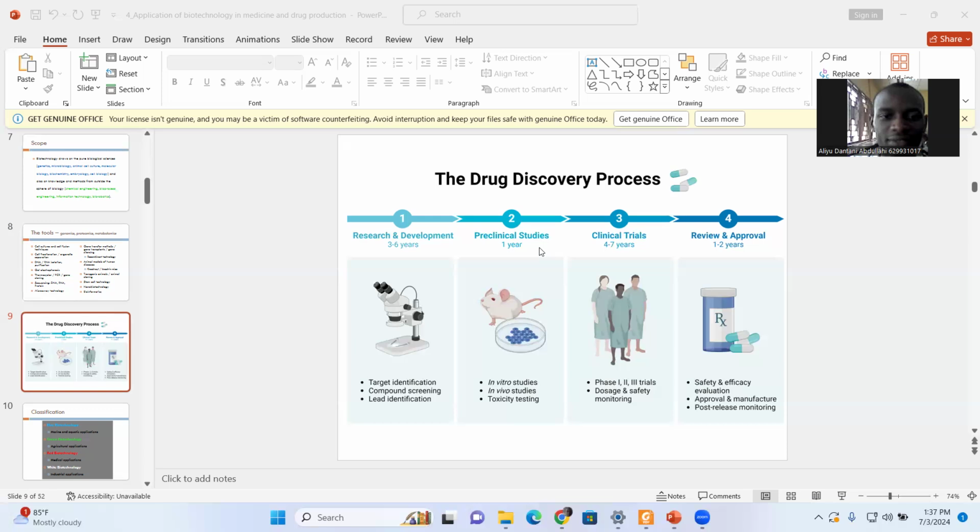Then preclinical studies where you use rat or mouse models, and that's where you also do your toxicity testing, although you have bioinformatic tools now that you use for toxicity. Due to the recent drive to promote animal ethics, if you can reduce the number of animals dying from toxicity experiments as much as you can, you should.